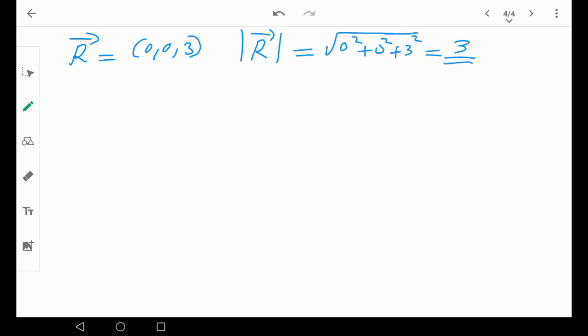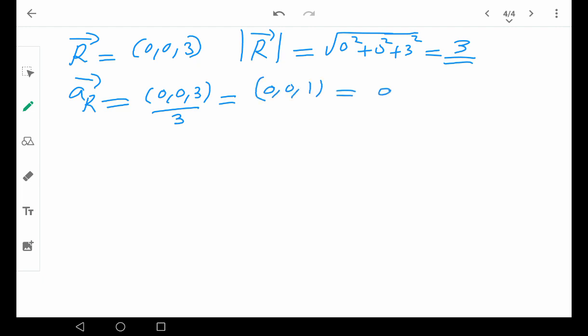And aR will be equal to (0, 0, 3) divided by 3, equal to (0, 0, 1). This is actually the unit vector az.